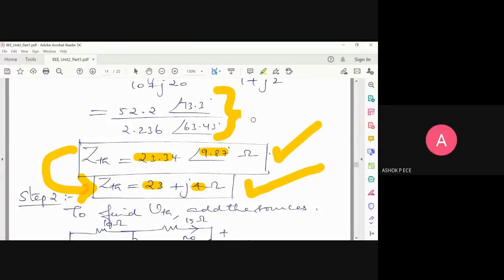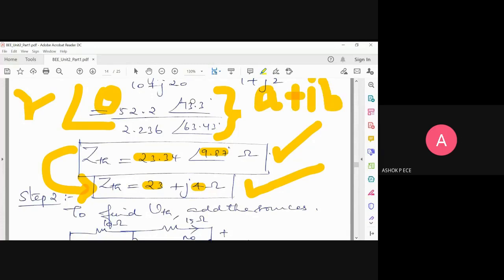Okay, sir. I again say for the benefit of everyone, how to convert from polar form to complex form. Polar form means the form is r angle theta, magnitude angle, and complex form is a plus ib. When you have r angle theta to a plus ib, r cos theta is a, r sin theta is b.